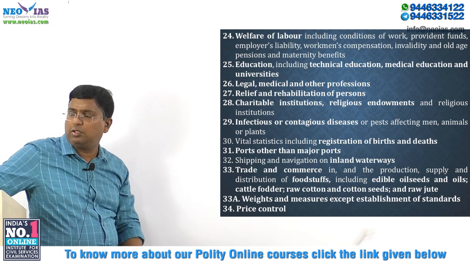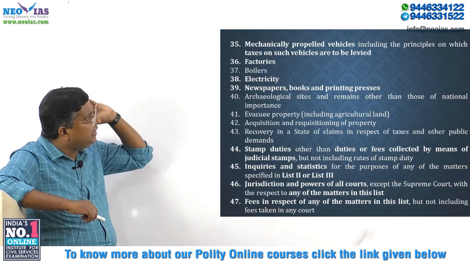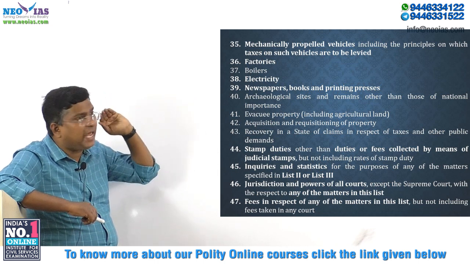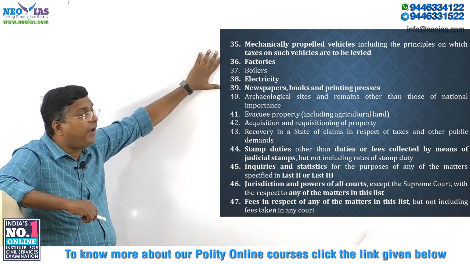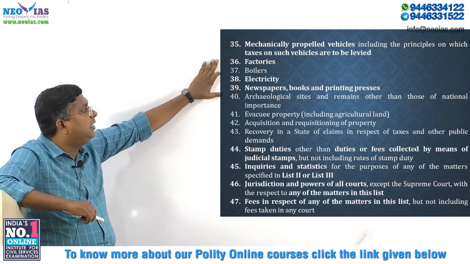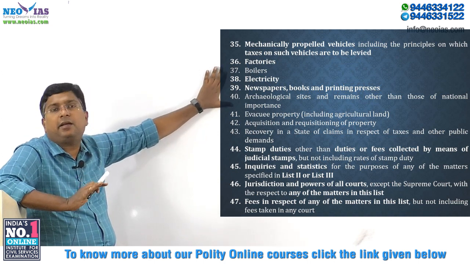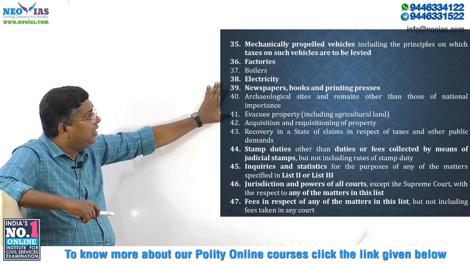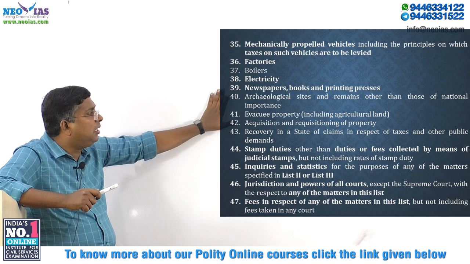Then price control comes under the concurrent list. Then mechanically propelled vehicles, including the principles on which taxes should be imposed on those vehicles, comes under the concurrent list. Factories, boilers, electricity. So note down, electricity is there in the concurrent list, but taxes on electricity is there in the state list. Newspapers, books, printing presses comes under the concurrent list.